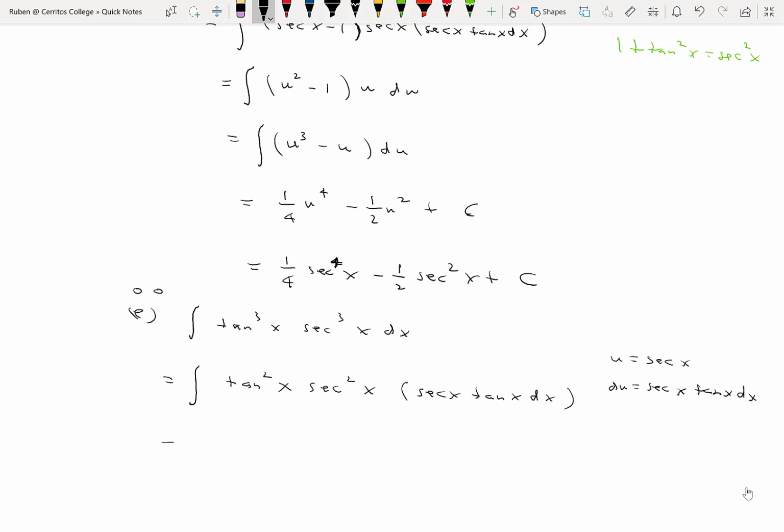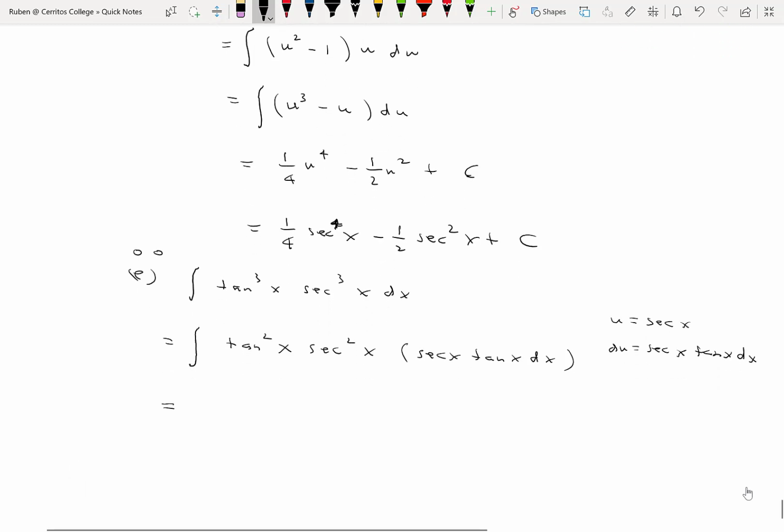Make any adjustments using an identity so that we can let u equal secant. Remember, tangent squared is secant squared minus 1 times secant squared times secant x tangent x.